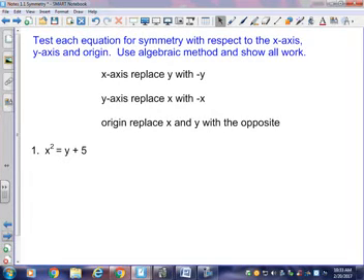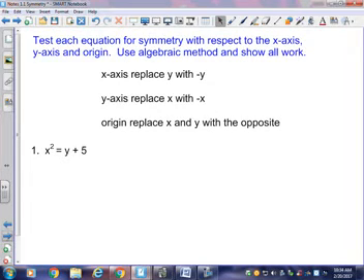And we have a variety of different equations to work with. So these are what we're doing to prove it. These are the rules that I wrote on the other slide, right? This is negative y, negative x, negative on both. I just wrote it in words.